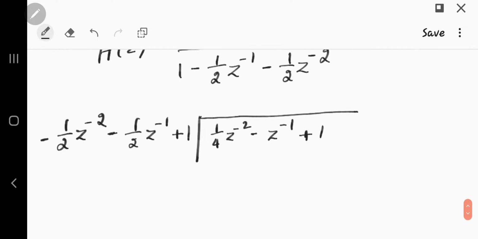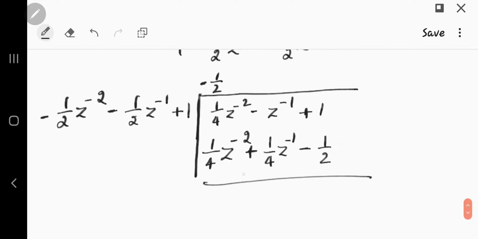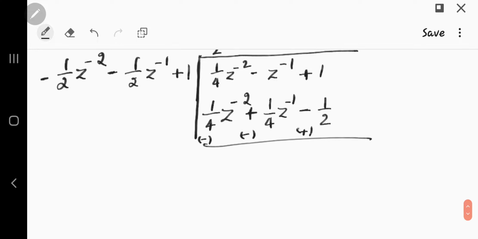Now we have to eliminate the first term. Both have z power minus 2. Now we have 1 by 4 and minus 1 by 2, so we have to multiply with minus 1 by 2. That will give you 1 by 4 z to the power of minus 2, minus into minus becomes plus, 1 by 2 again, 1 by 4 z inverse, minus 1 by 2. So this becomes minus, minus, and this becomes plus.